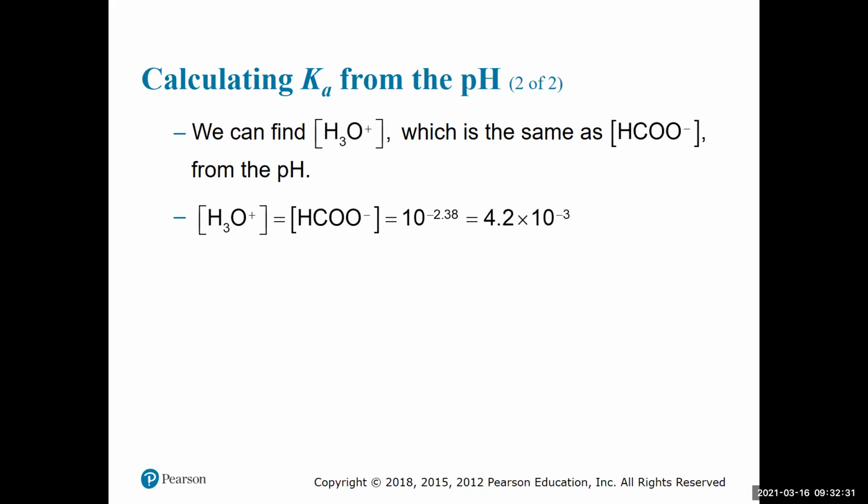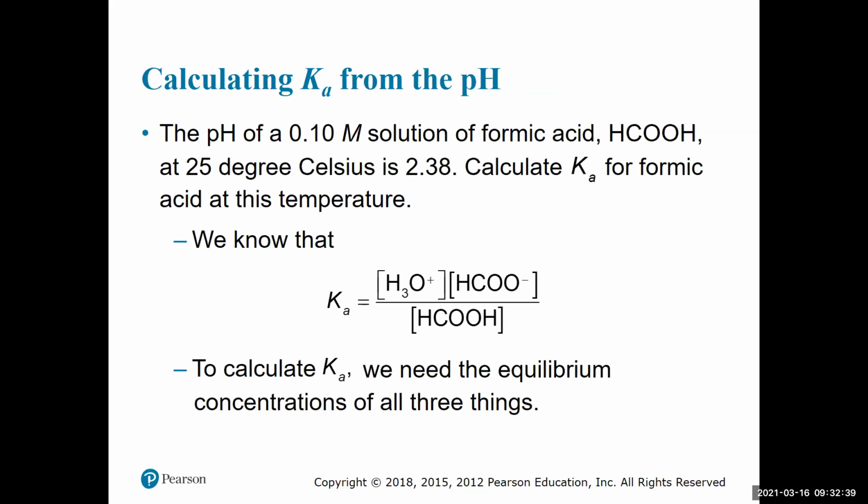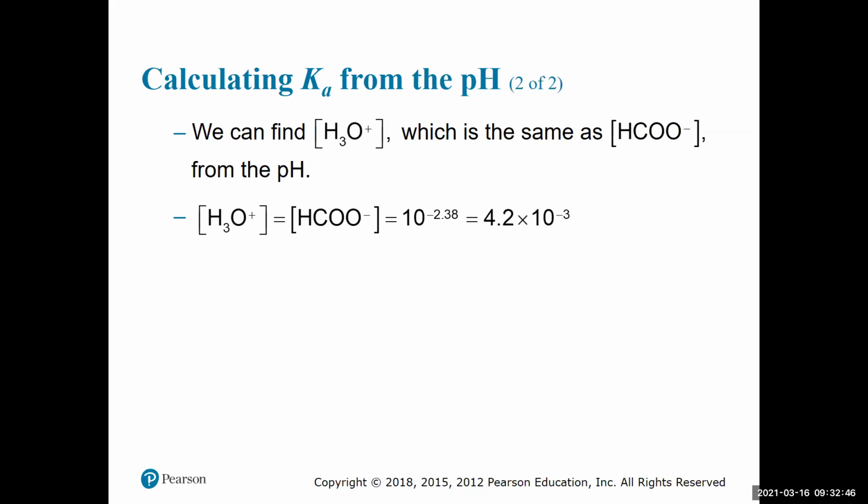That's the anti-log we're doing, because pH is equal to minus the log of the hydrogen ion concentration. To reverse that, 10 to the minus 2.38, we get 4.2 times 10 to the minus 3. We know that's the hydrogen ion concentration.